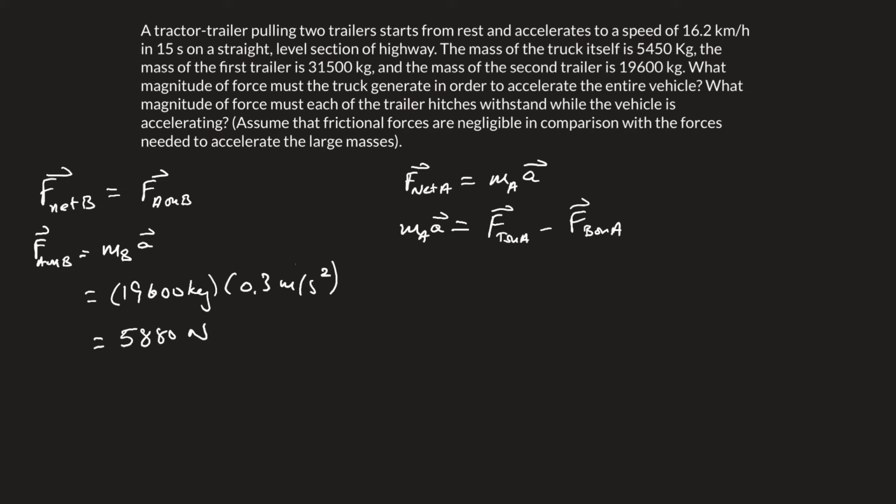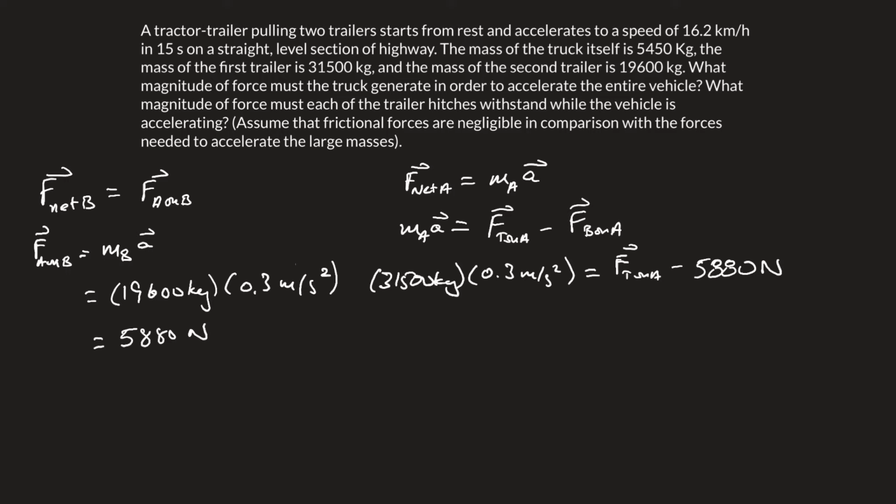We know a lot of this stuff here. We know MA, so the mass of A is 31,500 kilograms. The acceleration is going to be the same as it is everywhere else. We don't know Ft on A, but we do know Fb on A. It's just going to be the opposite, which is why we have this negative sign, of the one we just solved previously, 5,880 newtons.